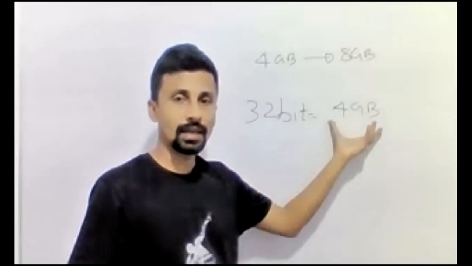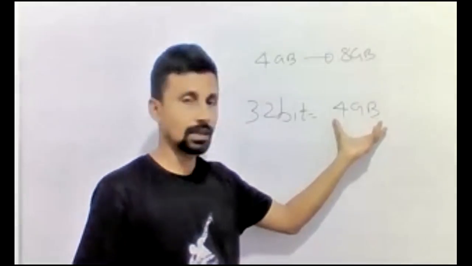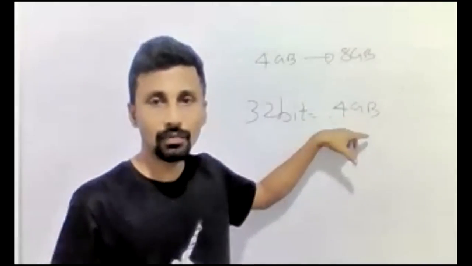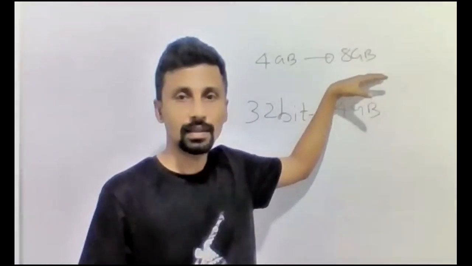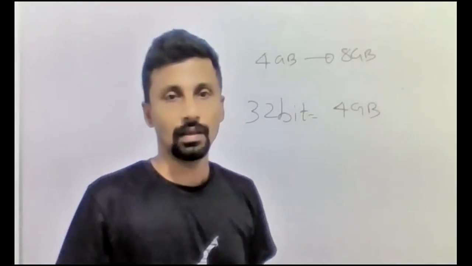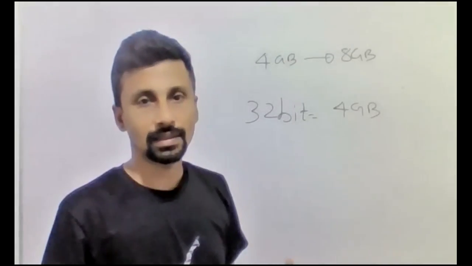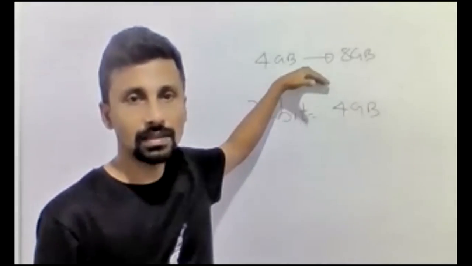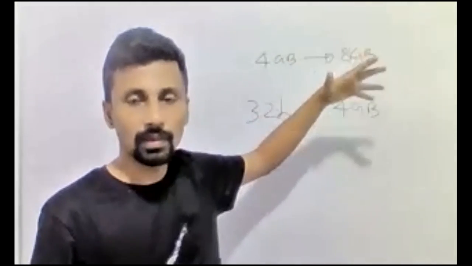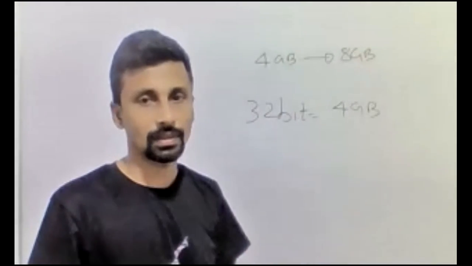Because with 32 bits we can access a maximum size of 4 GB. Even if we replace it with 8 GB, is there any use? No. We can say we have only 32 bits for the address bus, so the maximum size we can access is 4 GB. Even if you replace with 8 GB or more, nothing will happen. That cannot be accessed.